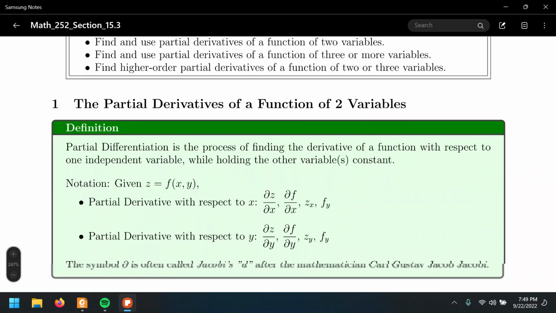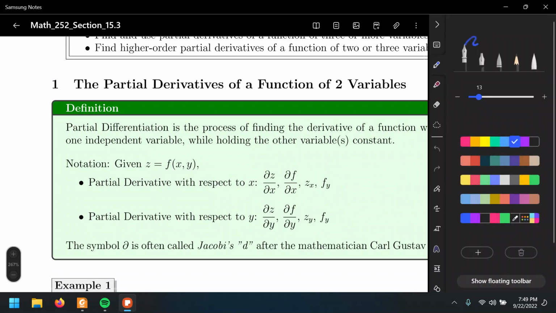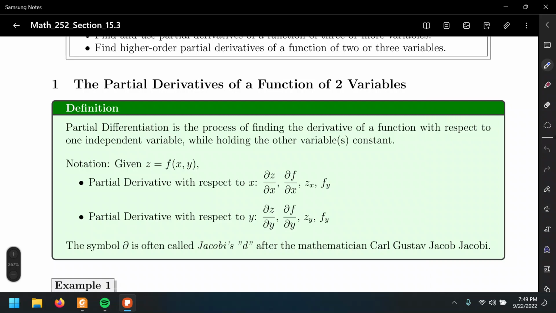variables and new notation. When we found derivatives for a single variable function, we used the notation dy/dx, or df/dx for the function f, f prime of x, y prime. Those were the different notations that we used. Now we're going to use a different symbol for partial derivatives.